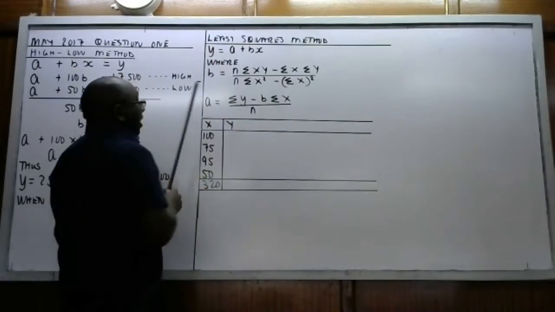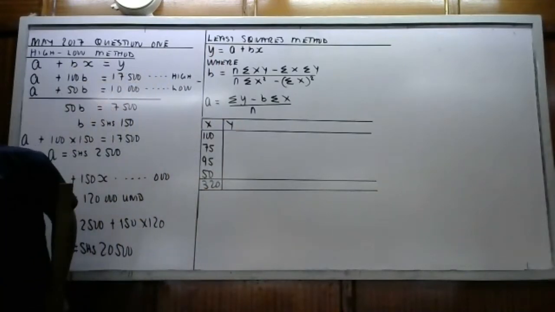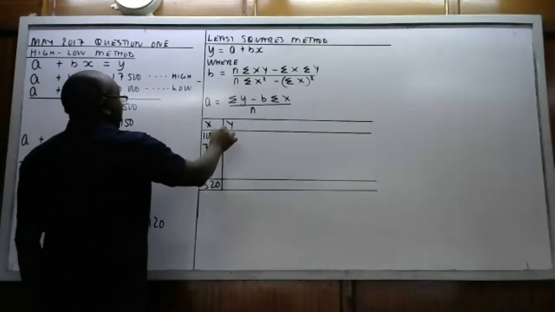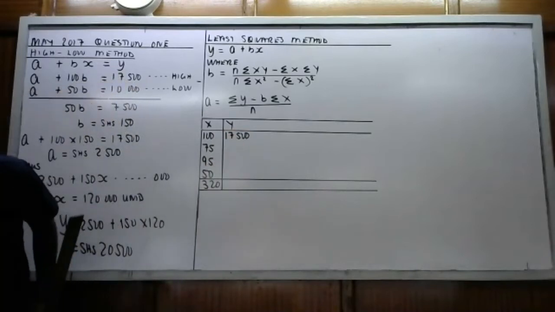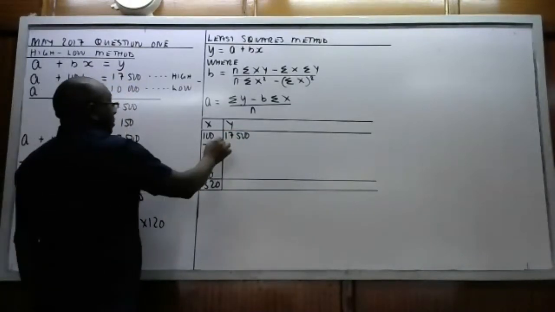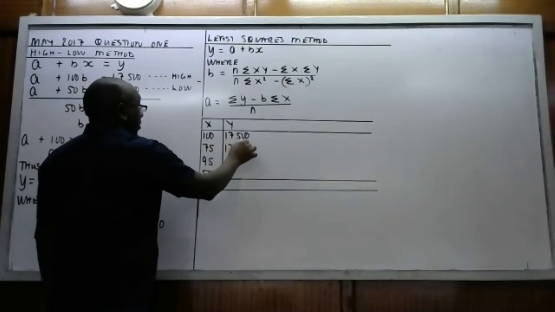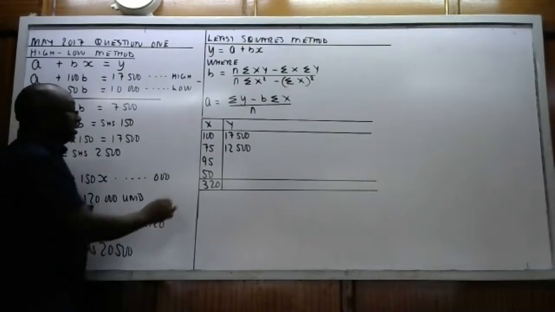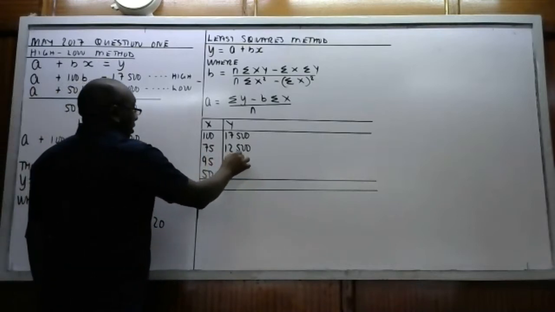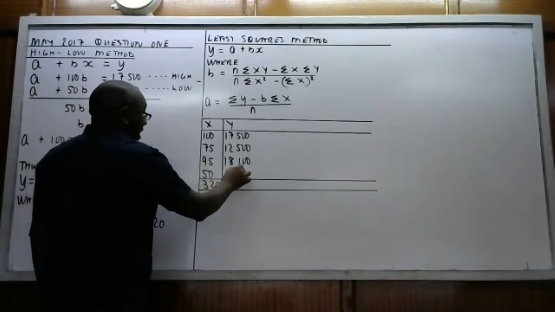Then y is 17,500, 12,500, 18,100, 10,000.